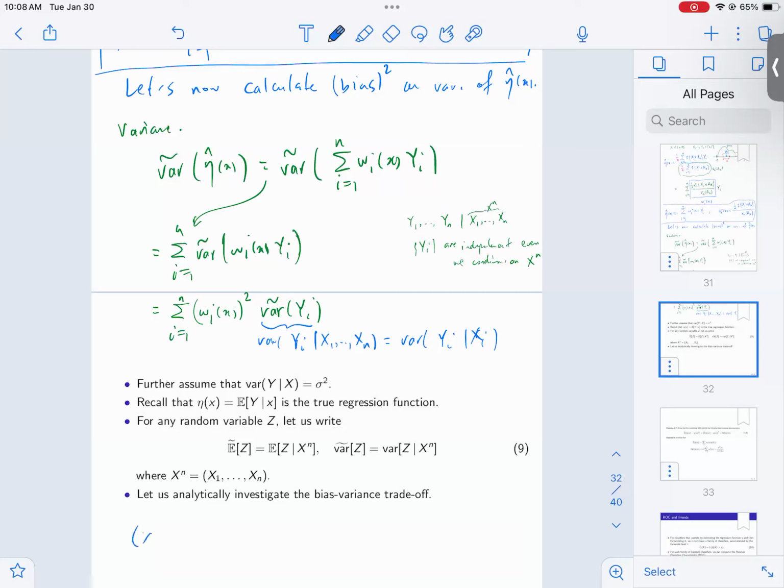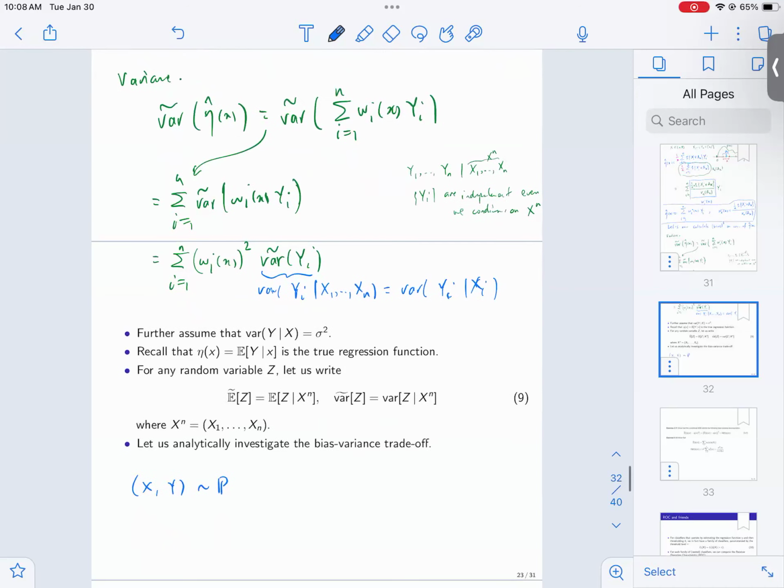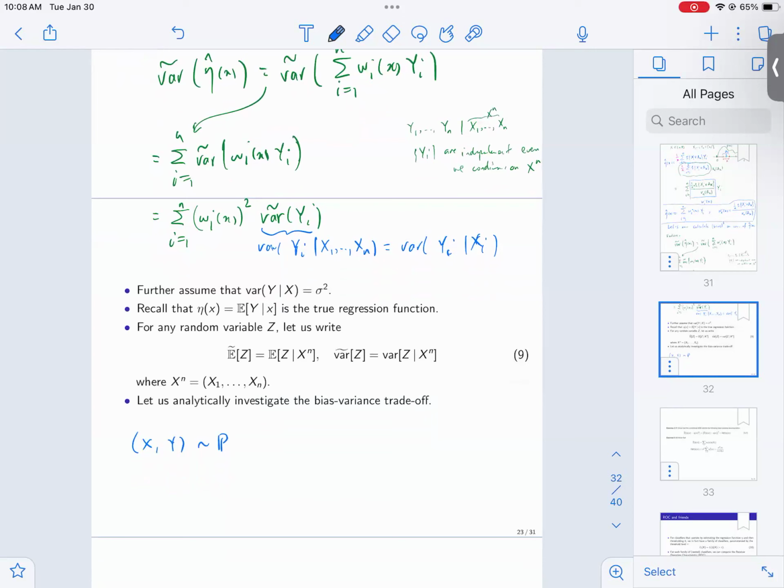So remember there is a distribution we assume generally, and all these conditional variances are related to it. This distribution has a marginal for x, and one way of describing it is the marginal of x times the conditional of y given x.